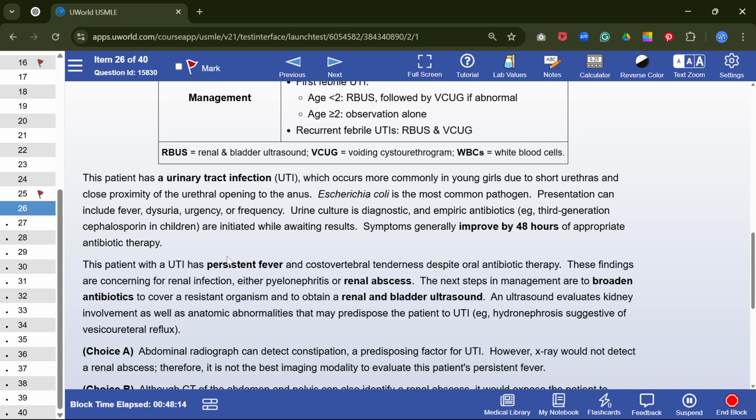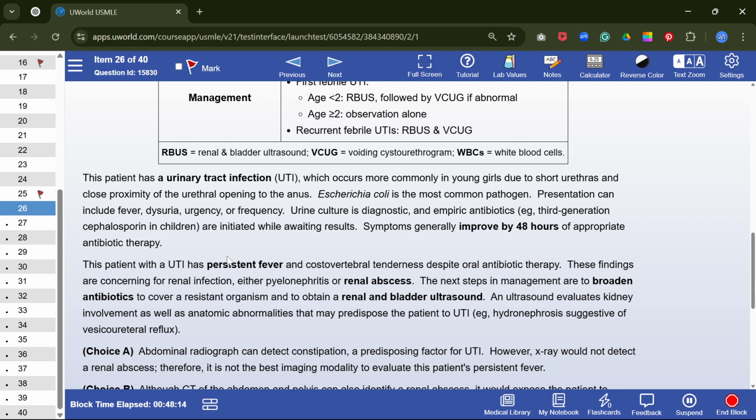The patient with UTI has persistent fever and costovertebral angle tenderness despite oral antibiotic therapy. These findings are concerning for renal infection, either pyelonephritis or renal abscess.